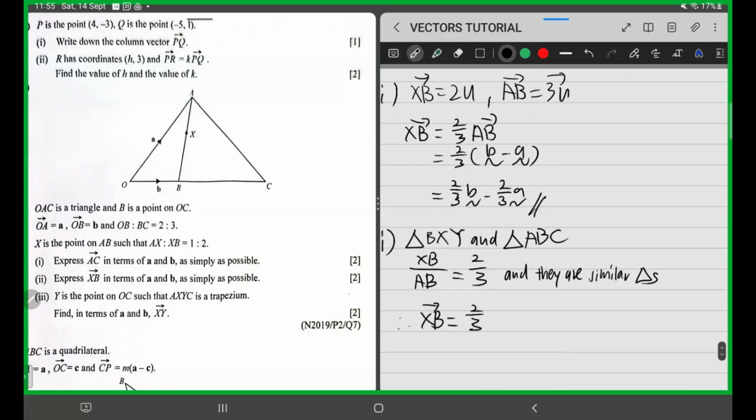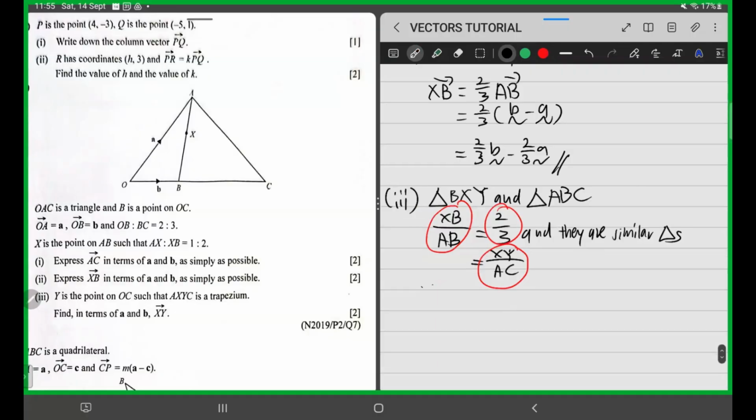No, XY. Okay, I'm just going to write over here. XY over AC, right? Because the ratio of the corresponding sides are equal and all are 2/3. Hence, your XY is just 2/3 of your AC.